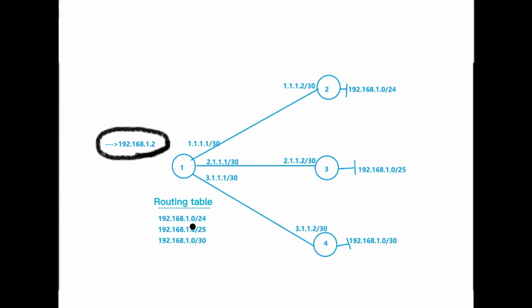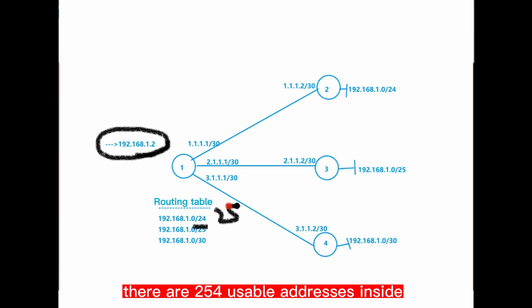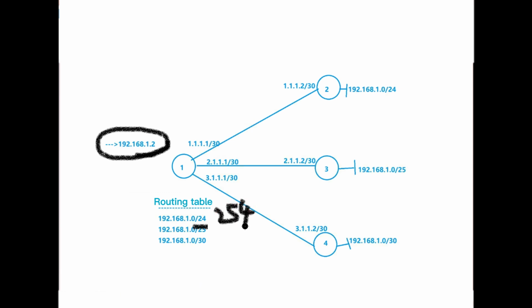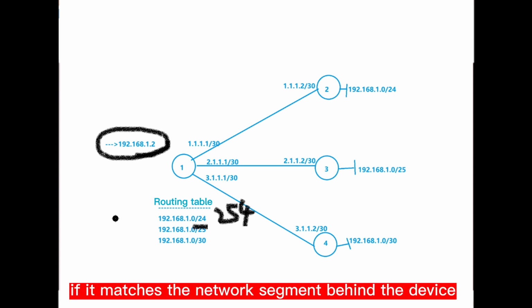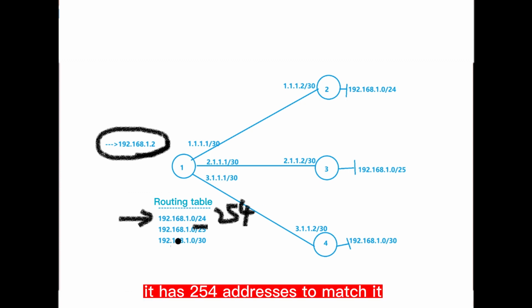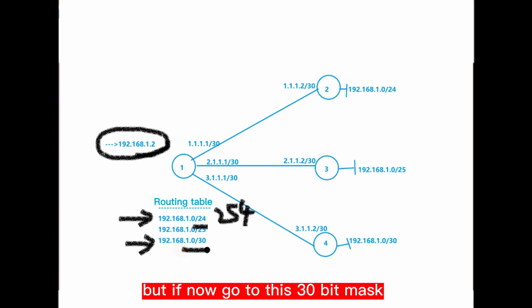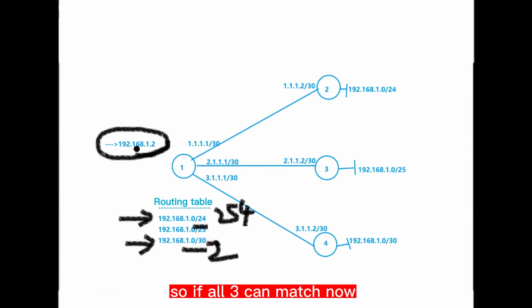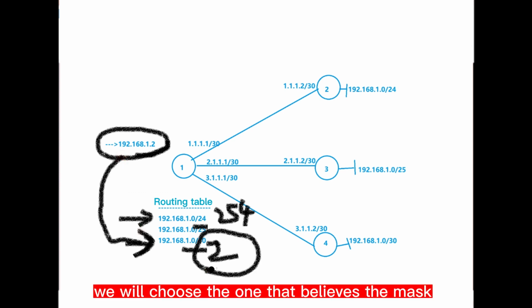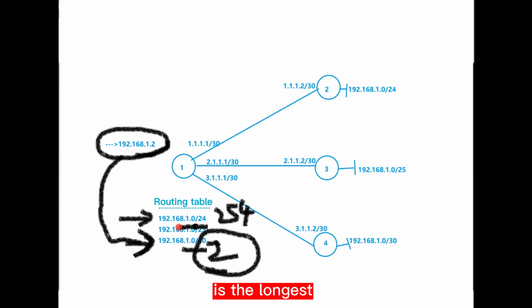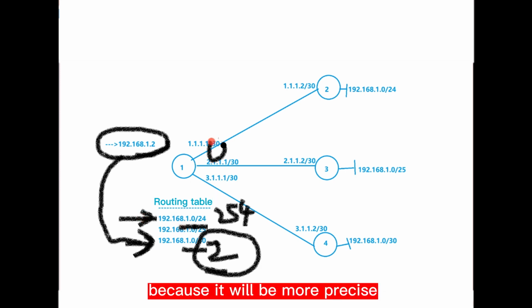For a 24-bit mask, there are 254 usable addresses inside. That is, if it matches the network segment behind the device, it has 254 addresses to match. But if we go to this 30-bit mask, it only has 2 precise addresses in it. So if all three can match now, we will choose the one with the longest mask, because it will be more precise.